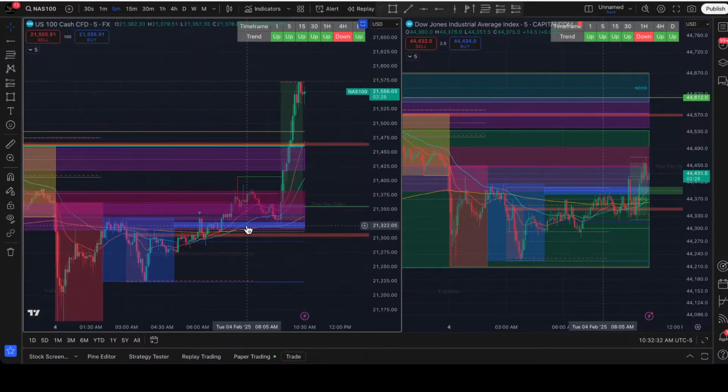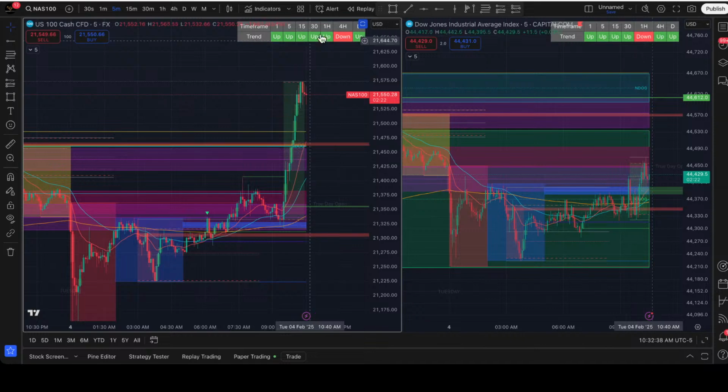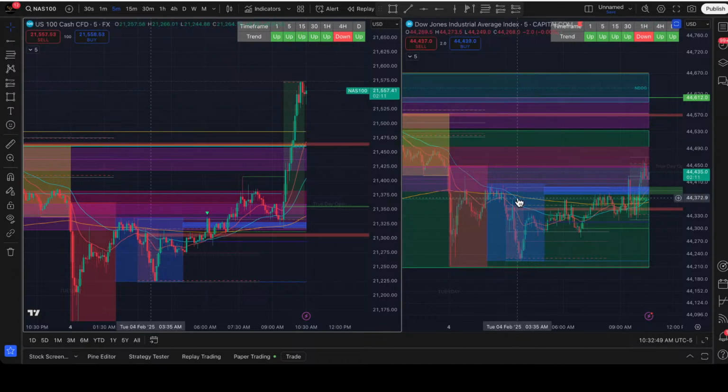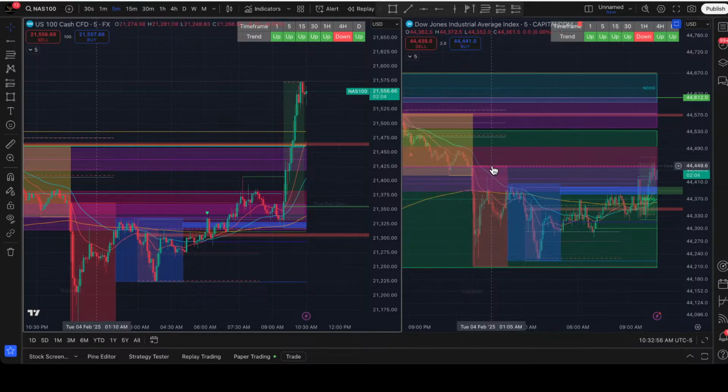So even though there's a lot of telltale signs here that the market wants to push down today, we're green across the board. We have a green box right now. And as far as US 30, same, we have a downside expansion model.